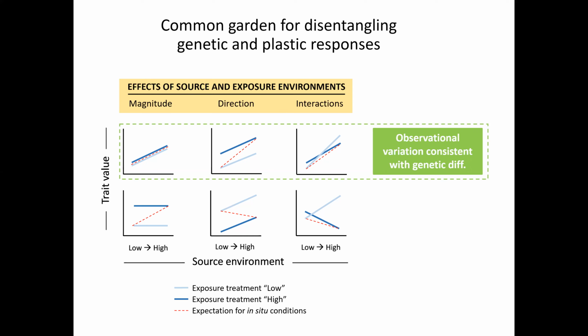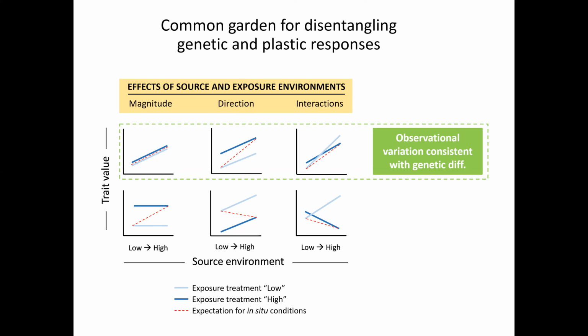So with the same direction in the source and exposure effects, or with source effects whose direction is independent from the exposure environment, we will be able to infer genetic differentiation from observational patterns. For example, populations from wet environments would be genetically determined for higher values in the studied trait. And we would actually find this pattern using observational data.